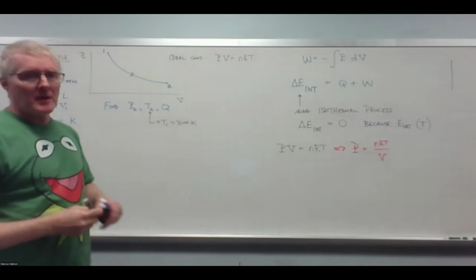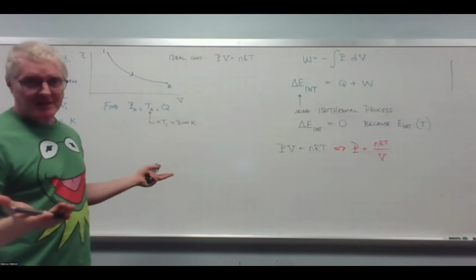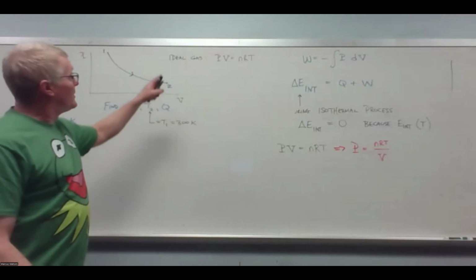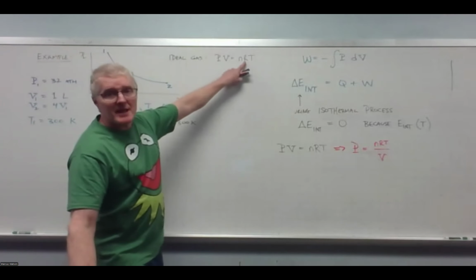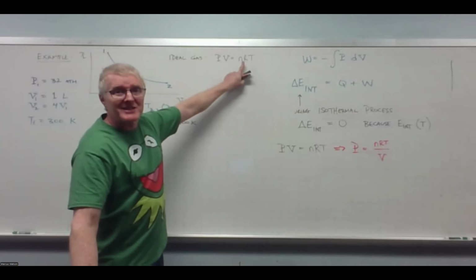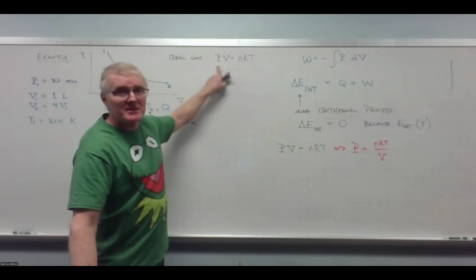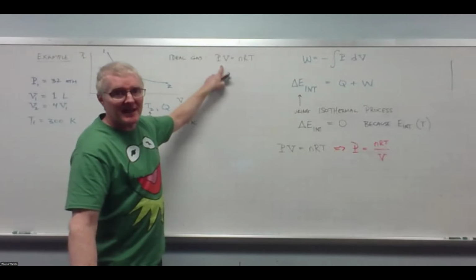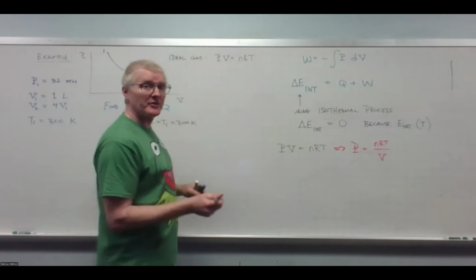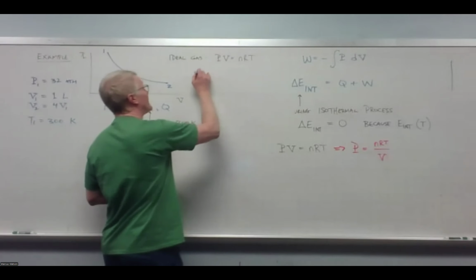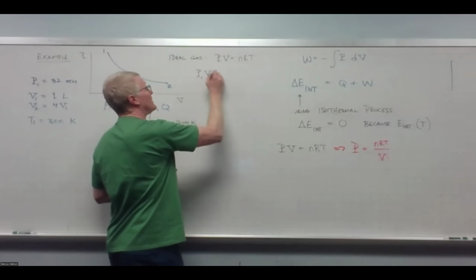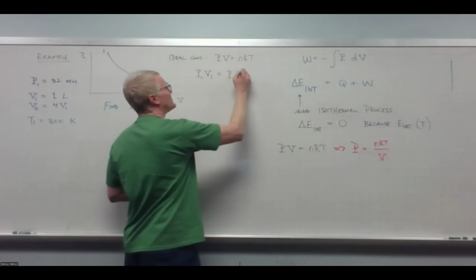Okay. If that's the case, which it is, I told you this was an isothermal, then the right side of this equation is constant and doesn't change, which means that whatever P times V I select, that's going to be also, likewise, a constant. And therefore, if I choose P1 times V1, that should equal P2 times V2.